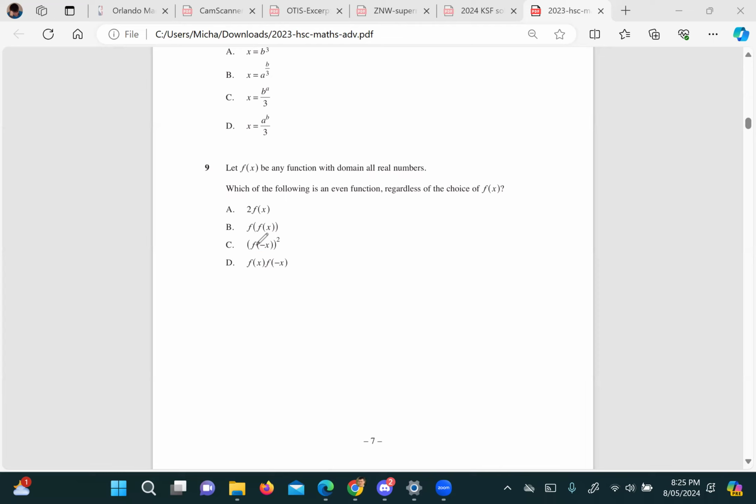Yeah, C is a little bit different because, yeah, so do you see why B is not odd or even or whatever? They just put a function in, okay?